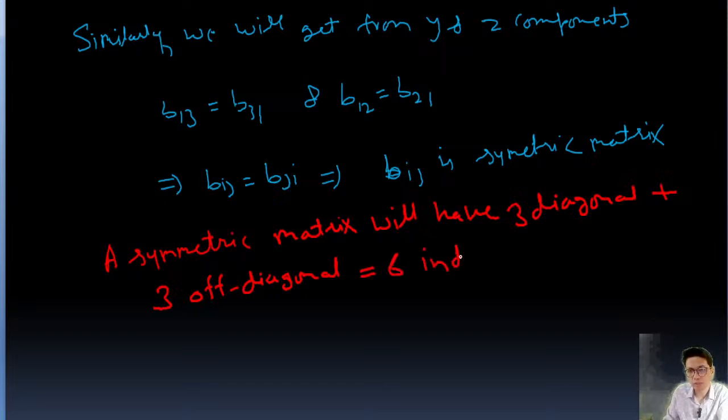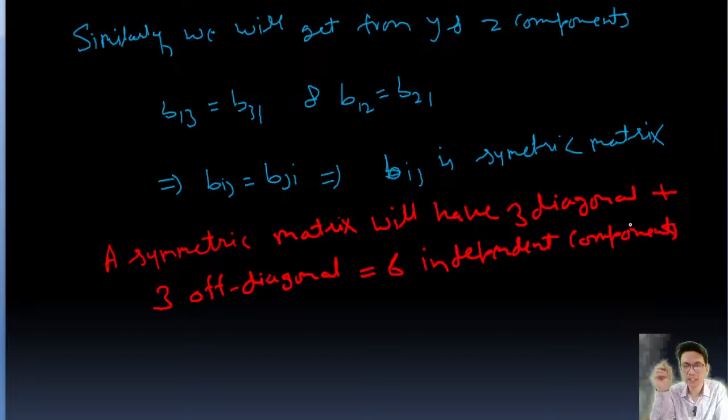So a symmetric matrix has 3 diagonal independent components and 3 off diagonal independent components, right? So total 6 independent components a symmetric matrix has, for a 3 cross 3 matrix.